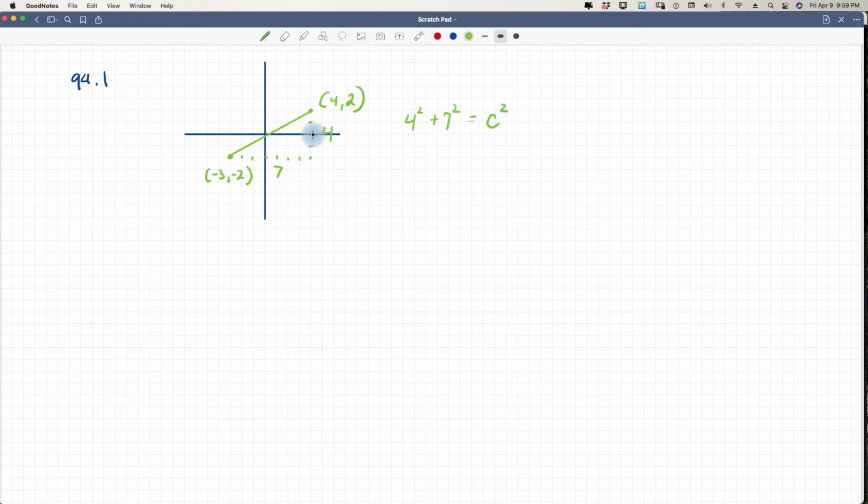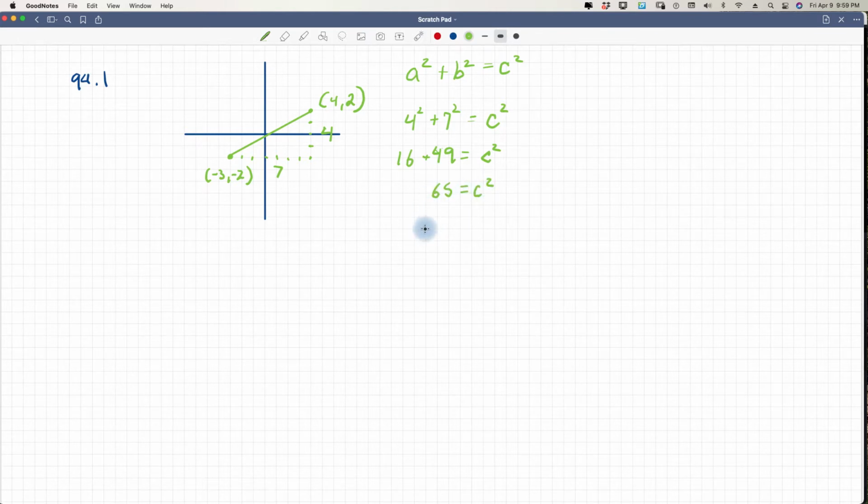Okay, so a squared plus b squared equals c squared. That's Pythagorean's theorem, and that's what we're using to find the distance or the length of this line on our graph. Okay, so 16 plus 49 equals c squared, so that's 65.